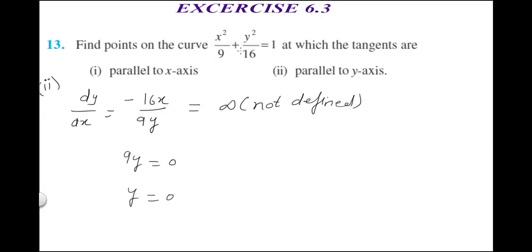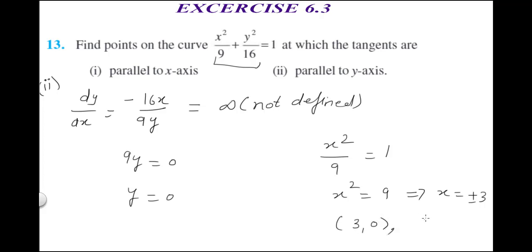When y is equal to 0 and we place it in the equation, we get x²/9 equal to 1, which shows x² as 9 and the values of x as ±3. So the points will be (3, 0) and (−3, 0) when the tangents are parallel to the y-axis. Clear? So if we draw tangents at these 2 points, then the tangent will be parallel to the y-axis for this curve. Clear? Let us now solve another question.